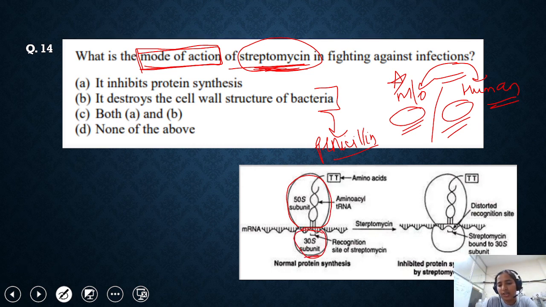So this is the 30S unit. What streptomycin will do, it will stop the functioning of this small unit, the 30S subunit. So when the function of this stops, then translation from the mRNA to protein won't occur. So when there is no protein, mRNA to protein.